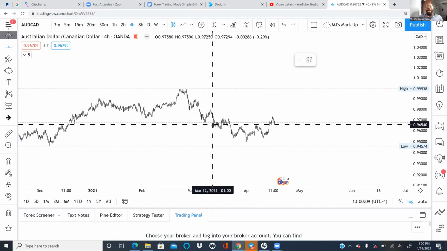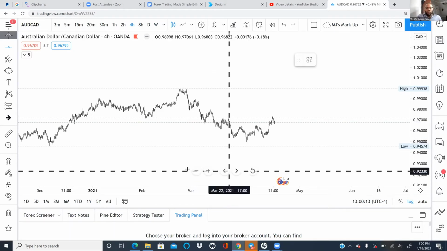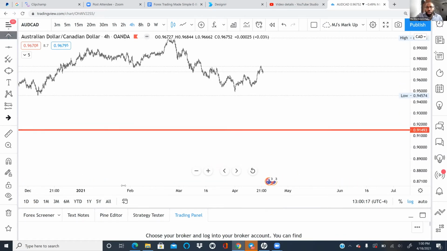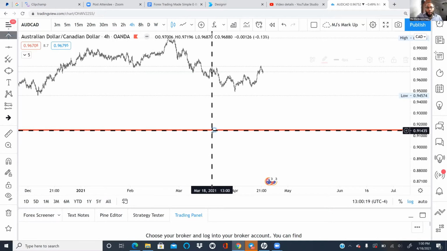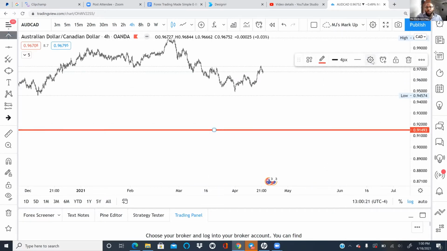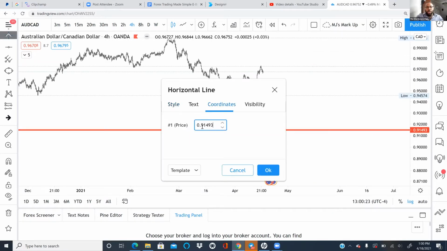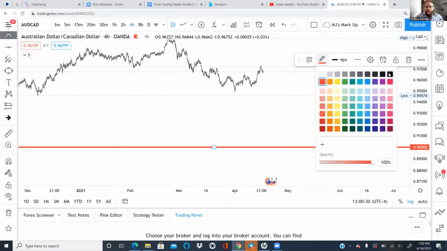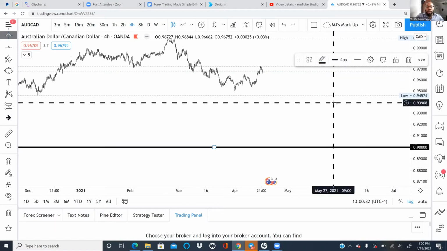So we know that 0.9 is a major area. I'll make my line down here and make this 0.9. For the coordinate, I want to change that to 0.9 flat.